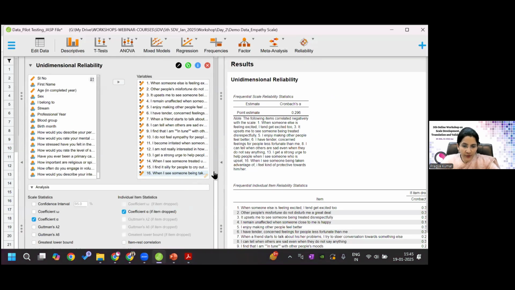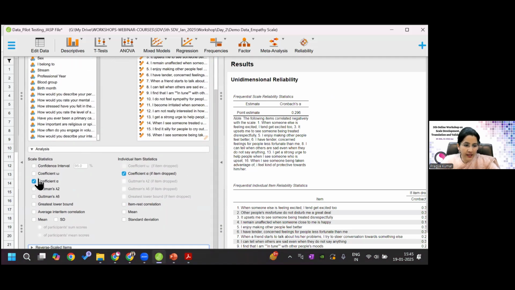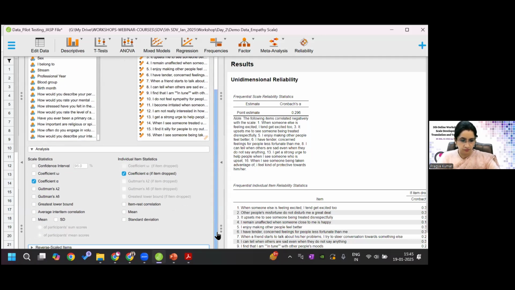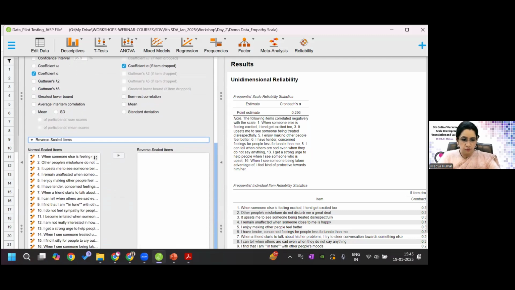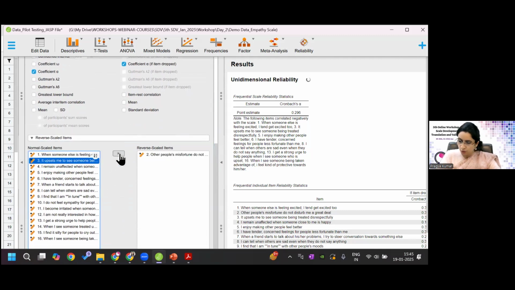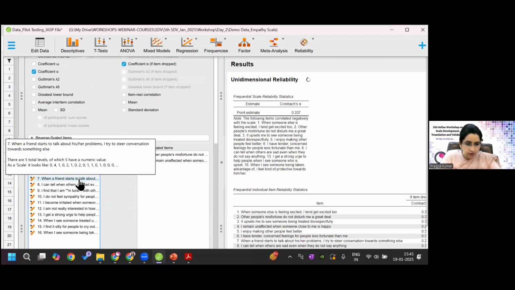I need to put them in the reverse coding. So there is an option if you go down. This is the reverse scaled item. So I'll click that reverse scale and then I'll move these items. So second item, 2, 4, 7.